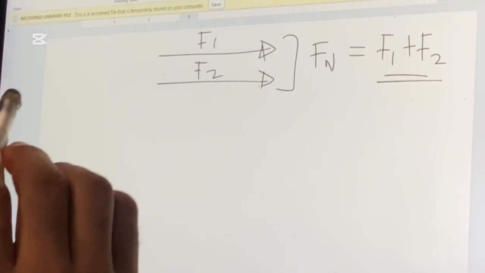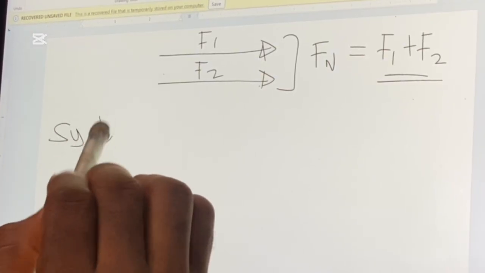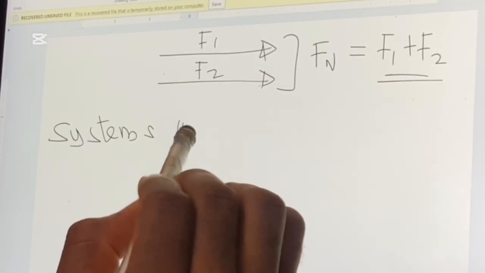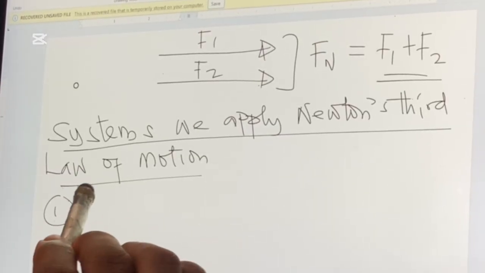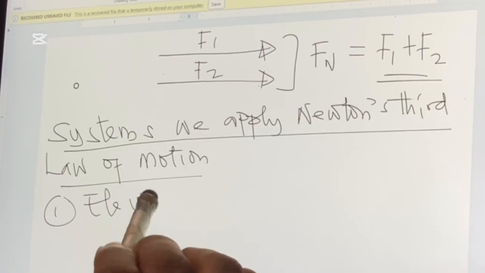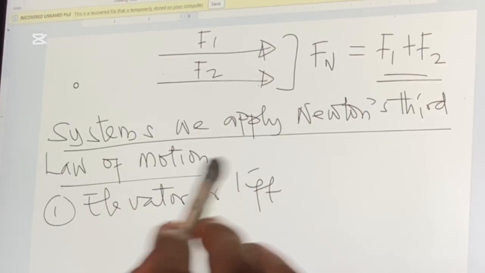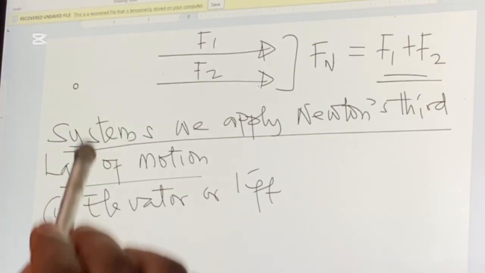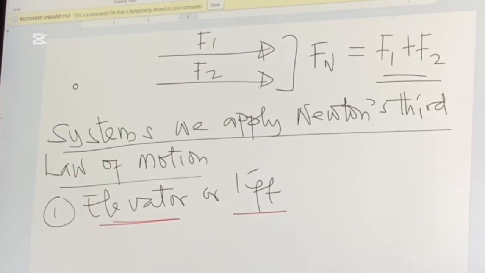The first one here, A, elevator or lift. If you have any question on elevator or lift, we always use the concept of Newton's third law of motion. Please take note.